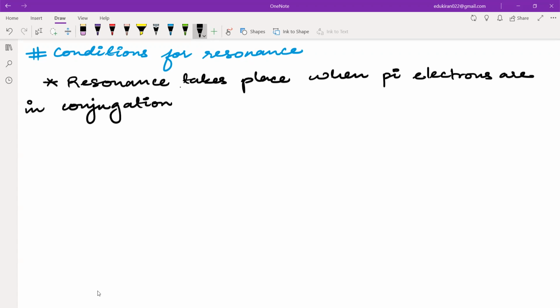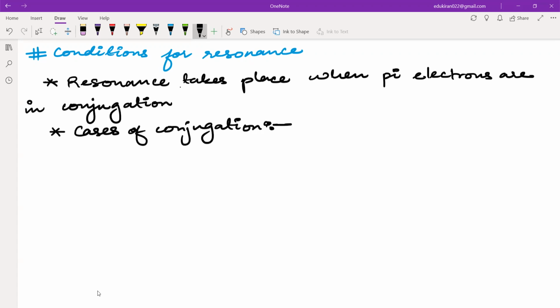So for example, what are the cases of conjugation? You can write cases of conjugation. These are the building blocks, the simple building blocks of resonance that you have to remember.